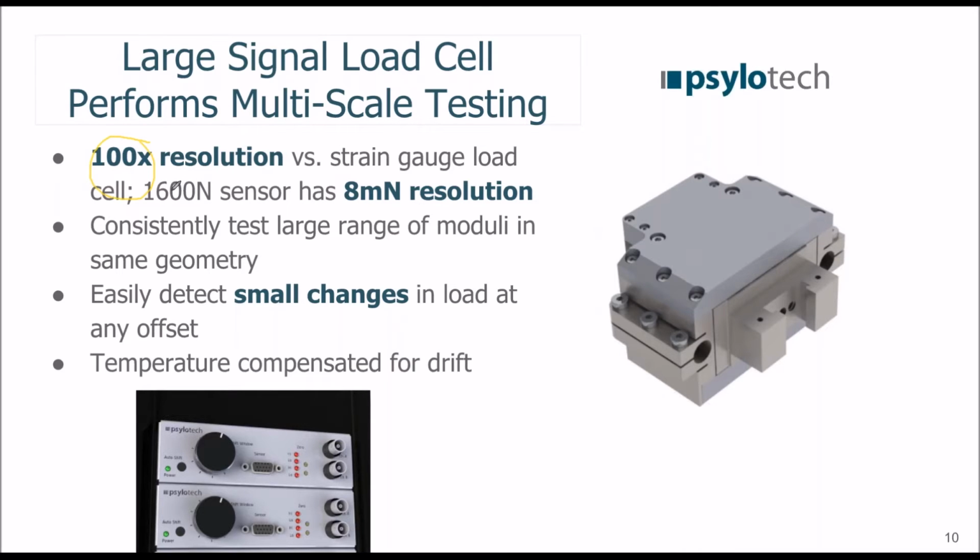Typically you'd only see a fraction of that, much worse resolution, on a strain gauge load cell if you have a 1600 newton range. So you can imagine it being like having a 16 newton load cell and a 1600 newton load cell simultaneously on the load frame. It's a very highly sensitive device, but it's also temperature compensated for drift in case there are any temperature fluctuations in the lab or in the room that the frame is housed in.